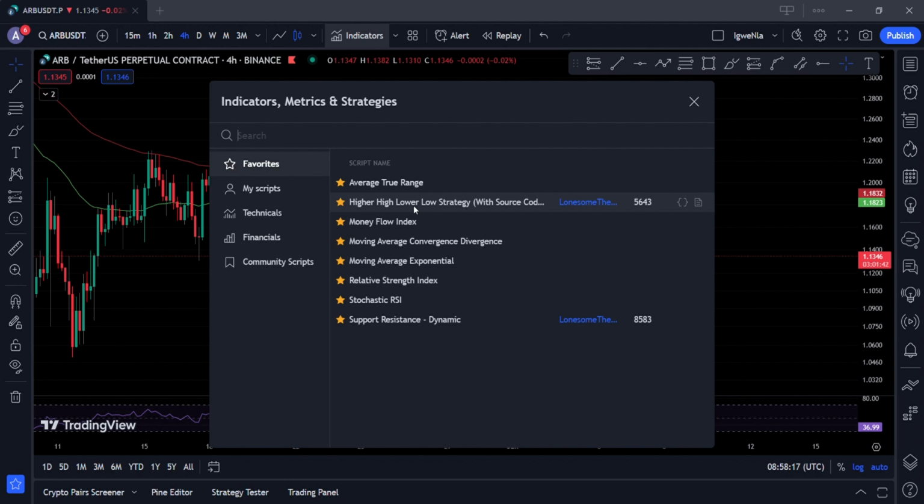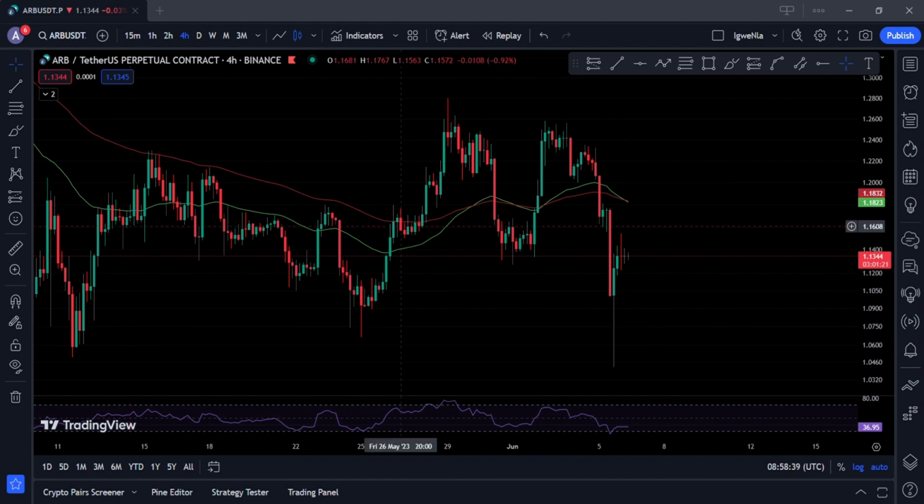Money flow index, moving average convergence divergence, the moving average, the relative strength index, the stochastic RSI. You definitely need the stochastic RSI. You need the support and resistance just for you to know the support and resistance of each coin like this. Looking at this live chart, you don't know the support, you don't know the resistance, but I do.